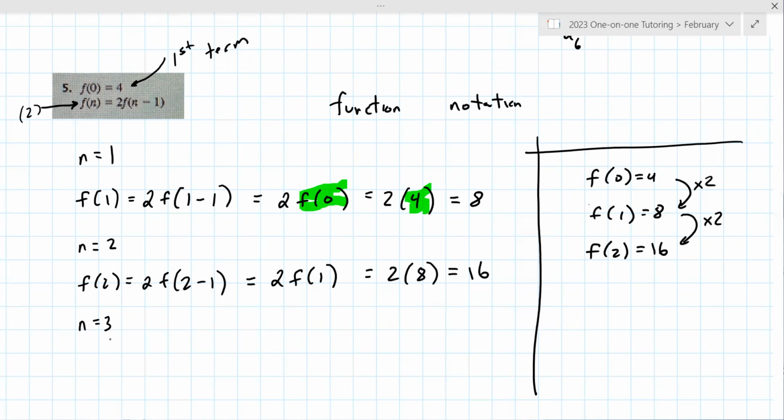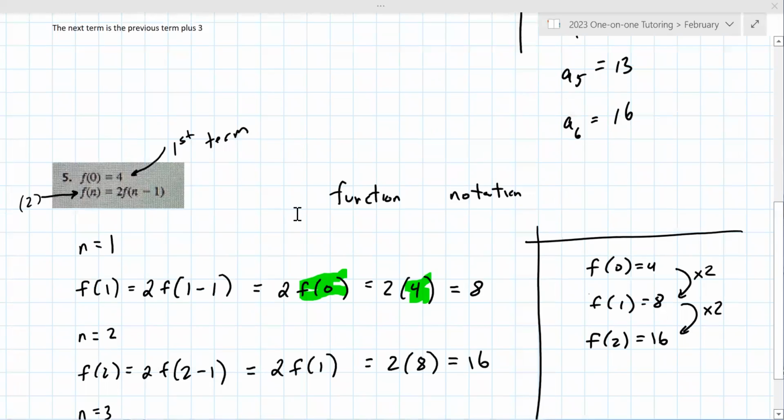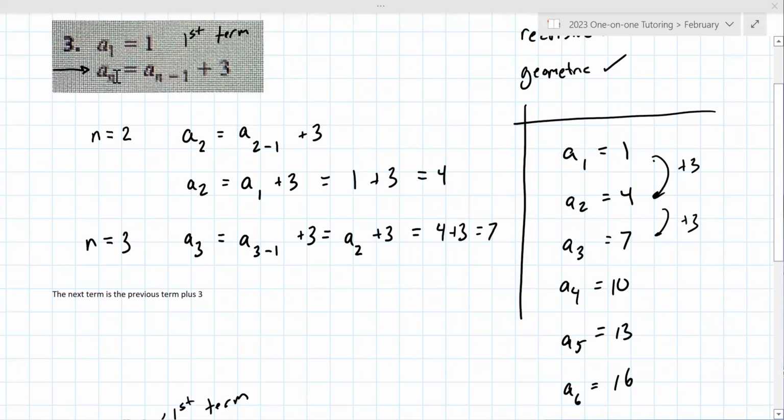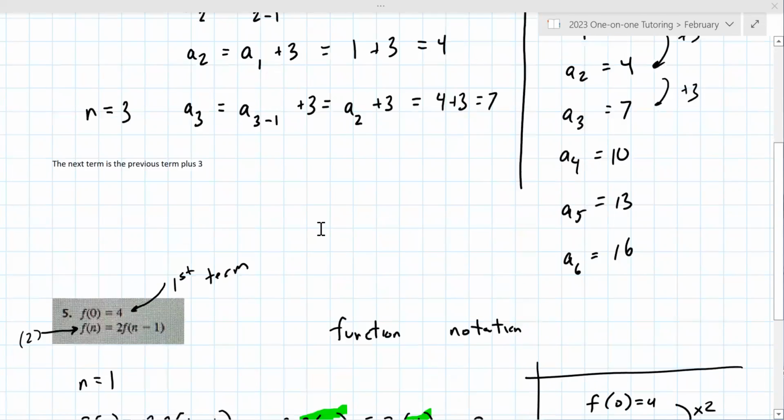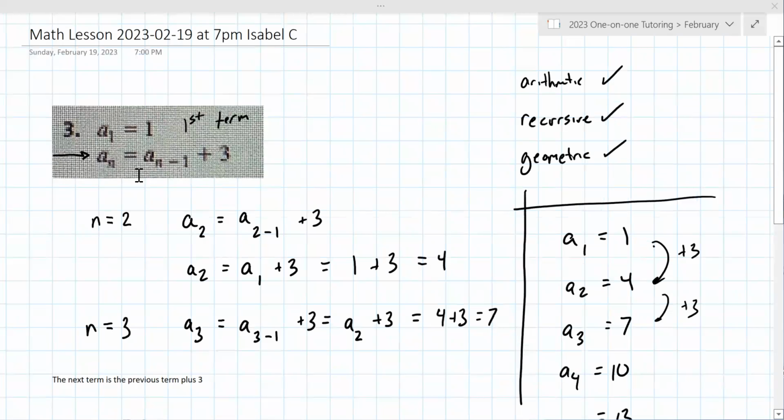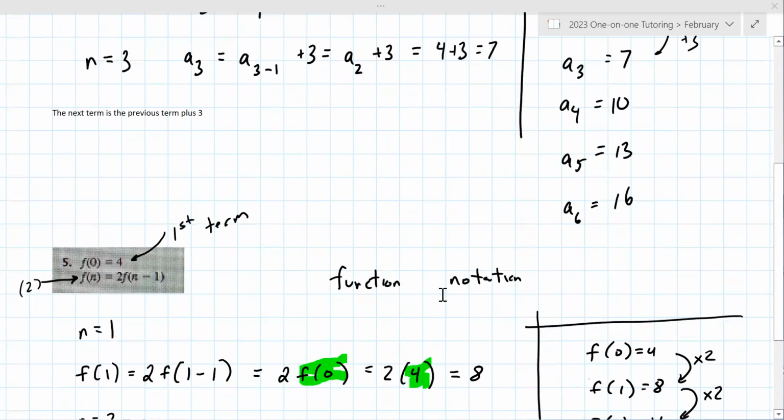So what's the difference? On number 3 it was saying a1 equals 1, and on this one it's saying f of 0. Does that make a difference at all? Well, the typical problems that you would see use these subscripts. Your book is choosing to also use this function notation. The typical way of presenting it is this way. When you look at your in-class notes, did you see any function notation from your instructor?